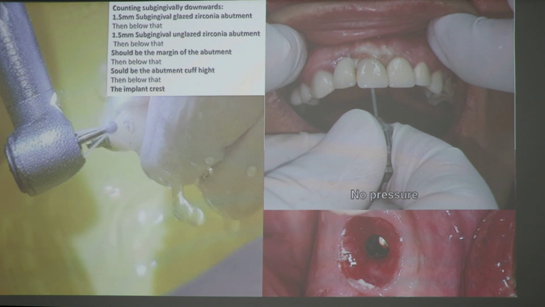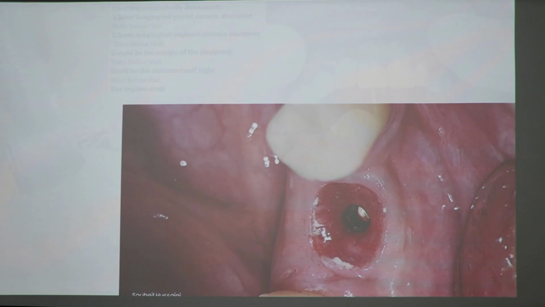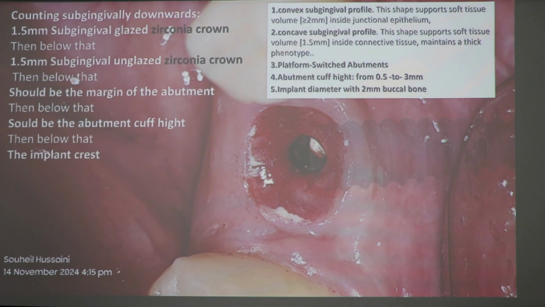So I'm helping a thicker connective tissue between them, so at least it will stay there and will not continue resorbing because of Thomas zero bone loss theory. So I'm removing the pressure which was created by the previous dentist.